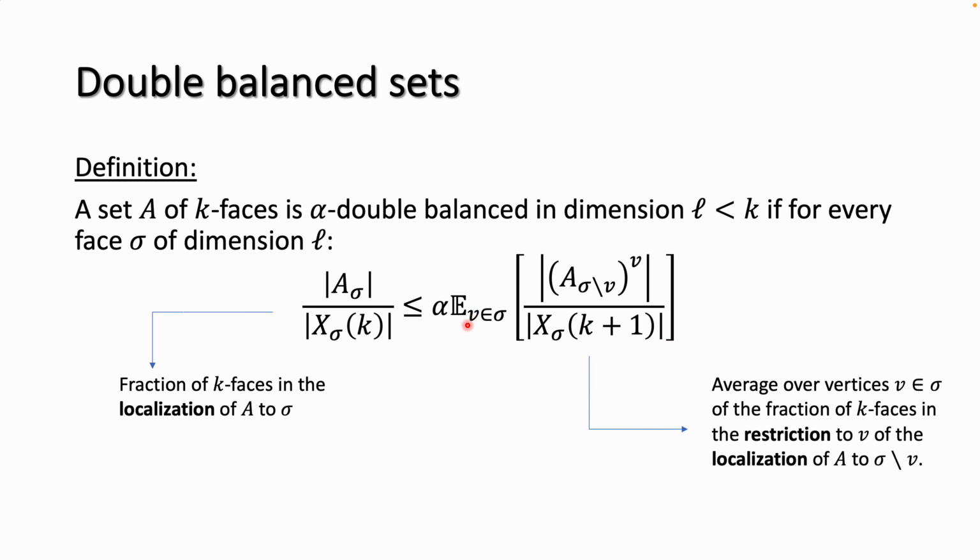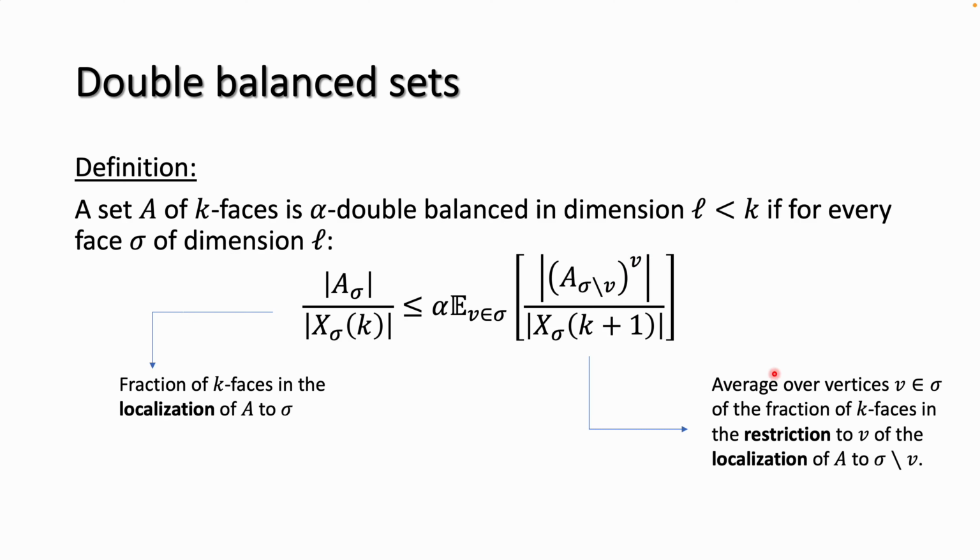Let's fix a vertex v. So it's an average over vertices v in sigma. But let's think of a single vertex v in sigma. Then what is this expression? We look at the localization of A to sigma minus v. So it's basically the faces in A that contain all vertices in sigma except this vertex v, and then we restrict it to the vertex v.